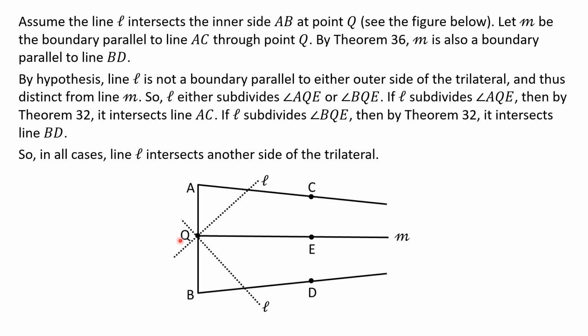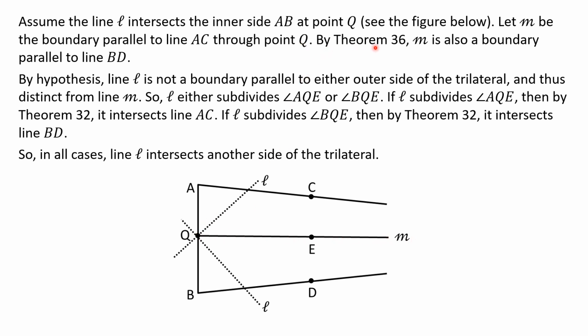In the second case, the line in question intersects an inner side, or the inner side, I should say, at some point Q. And then again, we have two subcases. But first, let M be the boundary parallel to AC through point Q. So that line here.